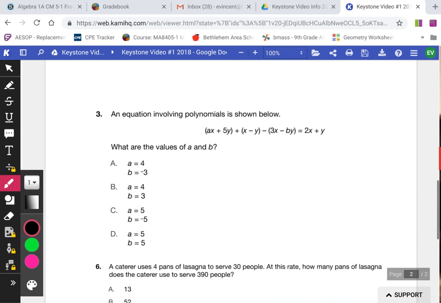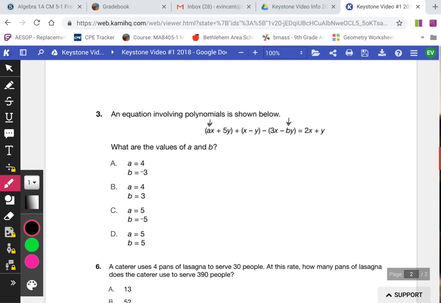So we have number 3 here. It says an equation involving polynomials is shown below. What are the values of A and B? So notice A is right here with the X, and B is right here with the Y. So what we have to do is look at X terms and Y terms separately, and we have what they equal.